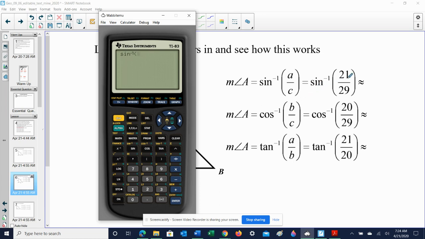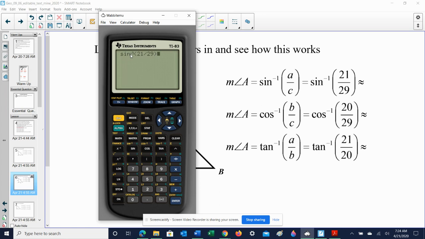I'm just going to put in exactly what I have here. 21 divided by 29. Now, you should always get in the habit of closing your parentheses when you're doing something like this, on any of these on the calculator. So now I have exactly what you see here.